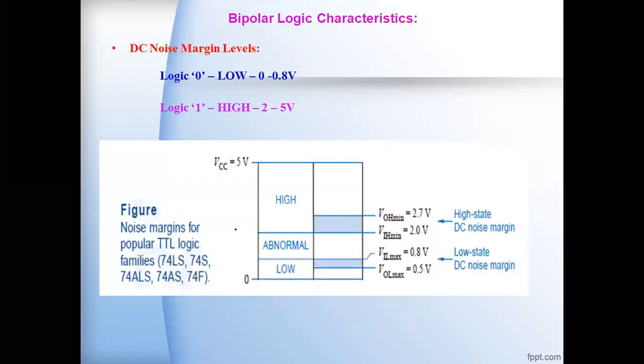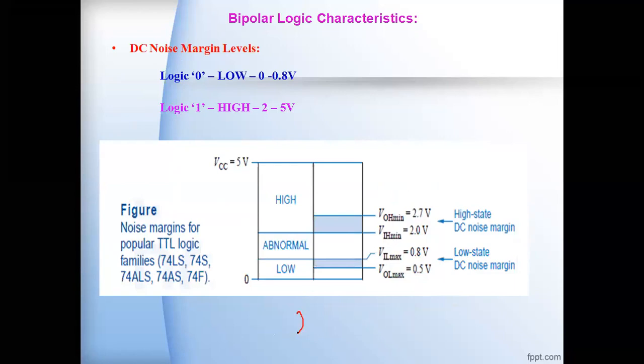Now see the DC noise margins for the bipolar TTL logic. We know the logic 0 and logic 1 voltage ranges. From these voltages, four parameters are defined: VOH minimum, VIH minimum, VIL maximum, VOL maximum. So what is the high state DC noise margin? It is VOH minimum minus VIH minimum.